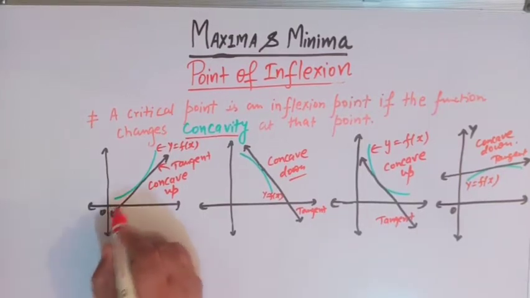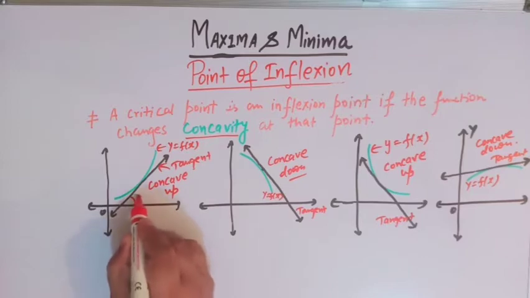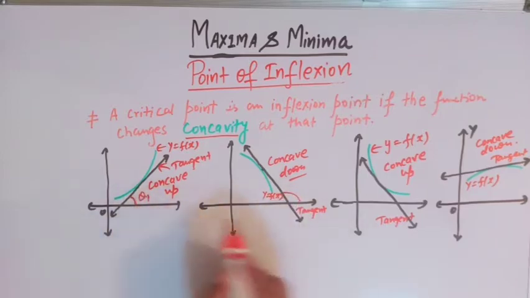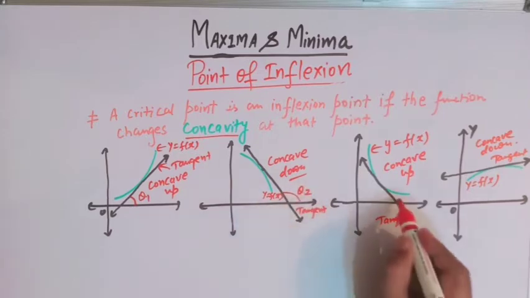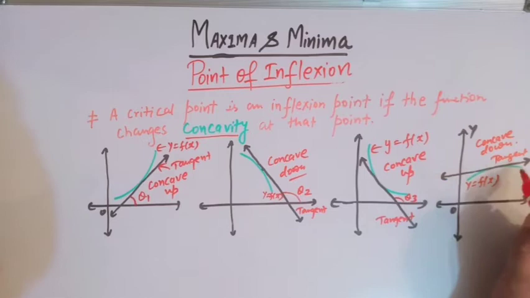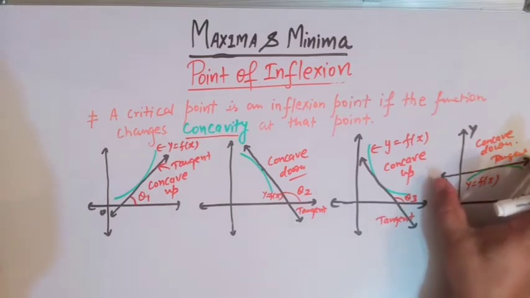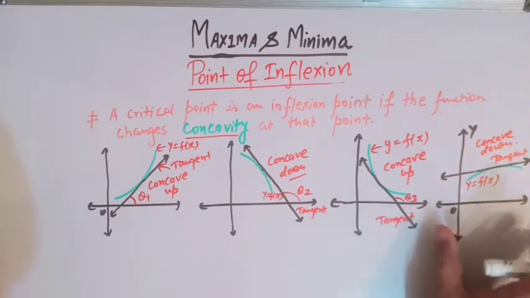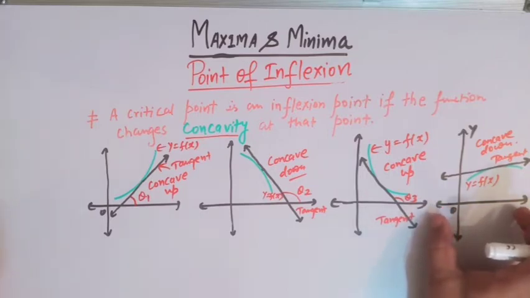Now here we see that this is the tangent line, and let this angle be theta. Here this is theta 1, this is theta 2, this is theta 3, and in this graph the tangent makes angle theta 4 with the x-axis, right?